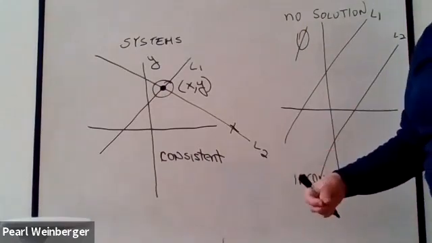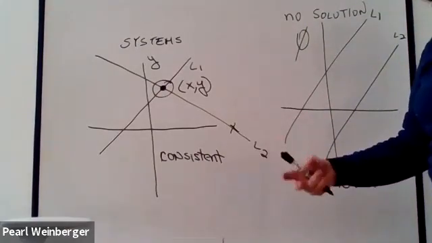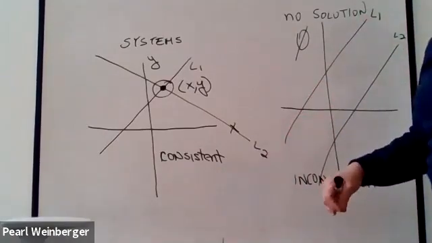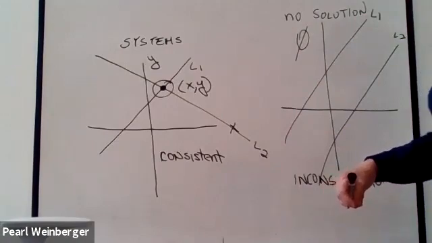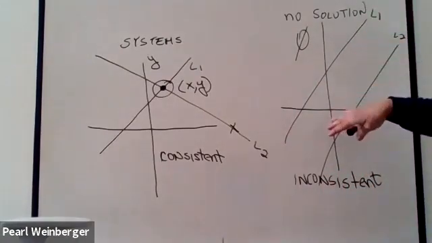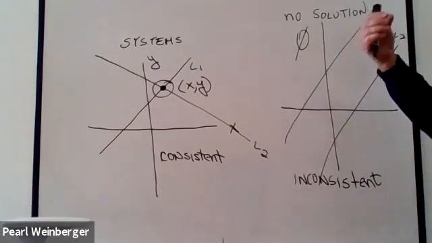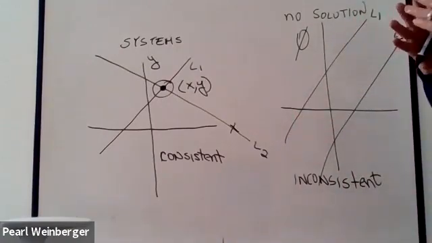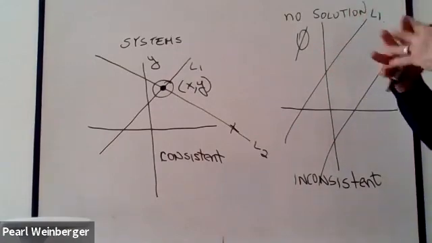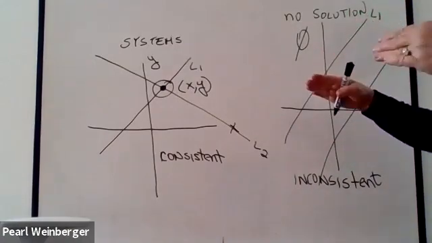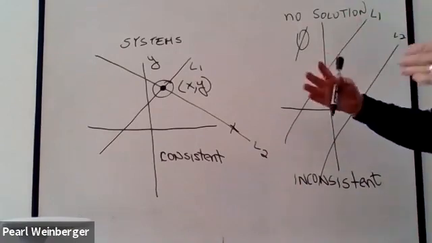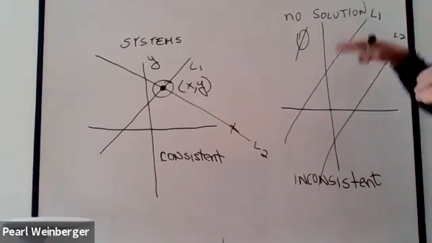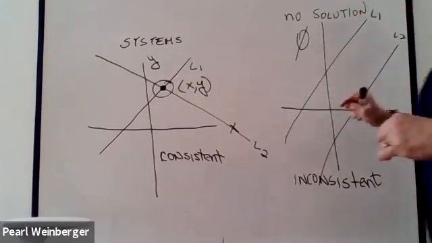And actually, even when you look at the equations, even before you go to graph it, you should be able to tell that you're going to have an inconsistent system of equations, because if the lines are parallel, then we know that the slopes are going to be the exact same numbers. So anytime I give you two equations that have the same slope but different y-intercepts, they are going to be parallel, and you're not going to be able to find a point of intersection.